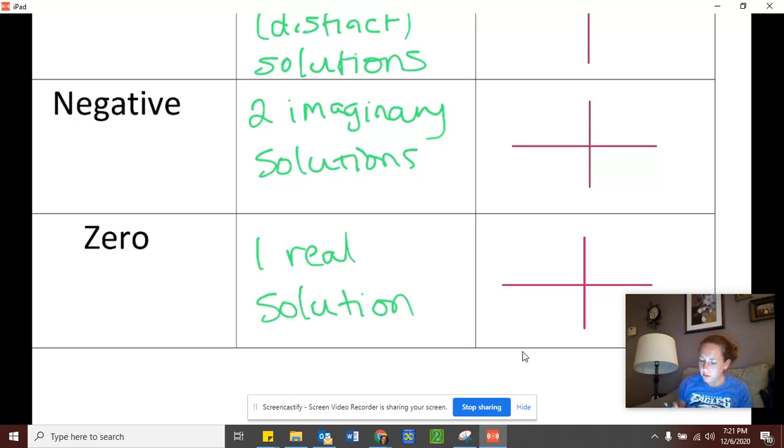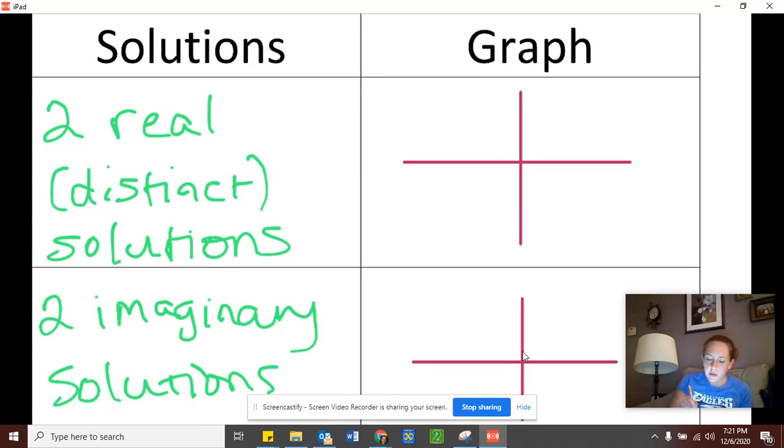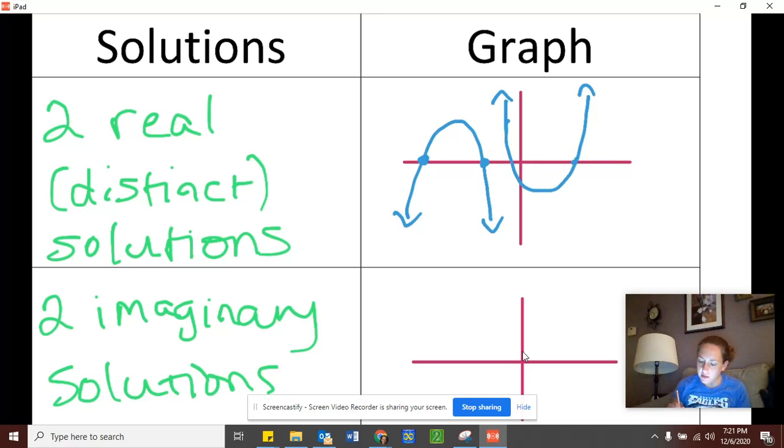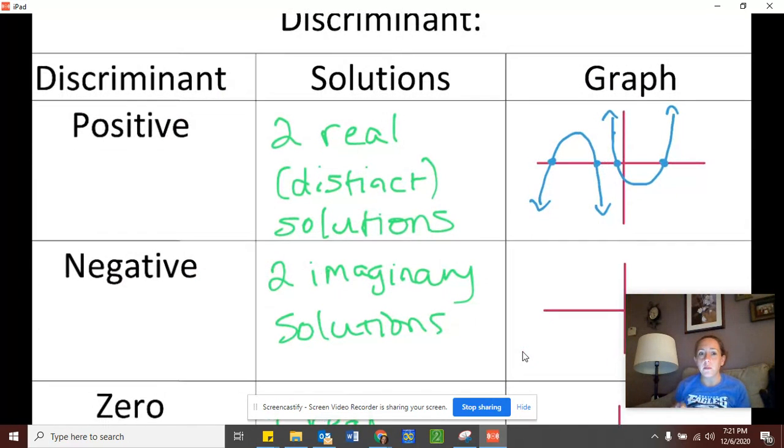So what that means for your graph is that your parabola is going to touch the x-axis 2 times. It could be going down, it could be going up, it can be wide, narrow, all sorts of things. The only thing we know for sure is that it touches the x-axis twice. So if you have positive discriminant, your graph's going to look something like that, okay?